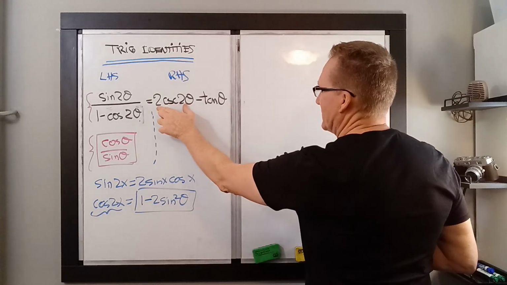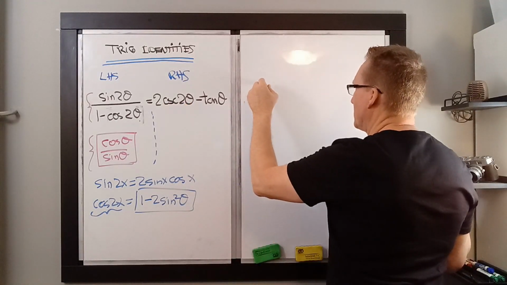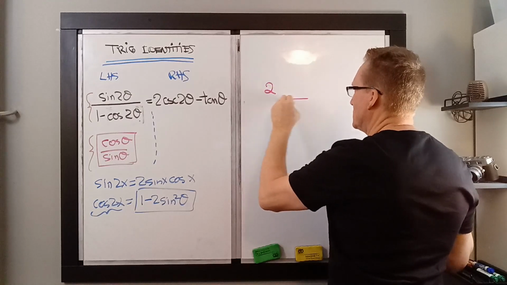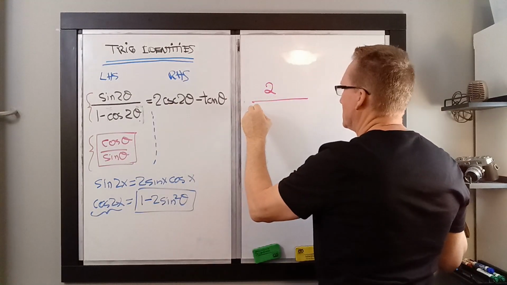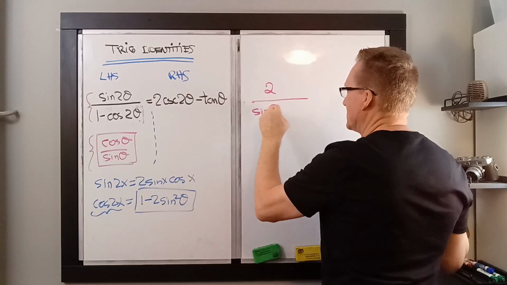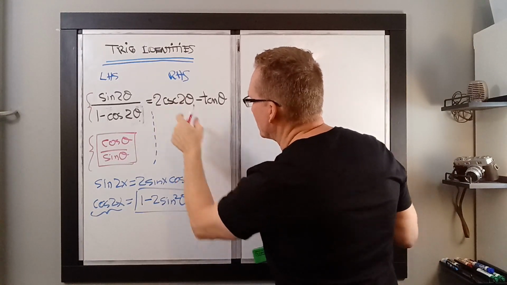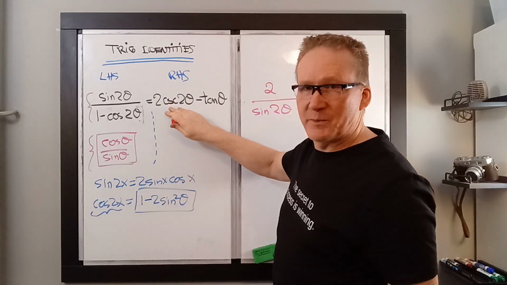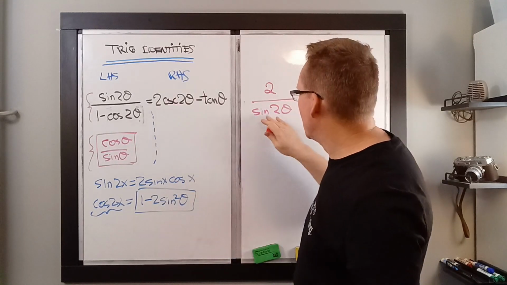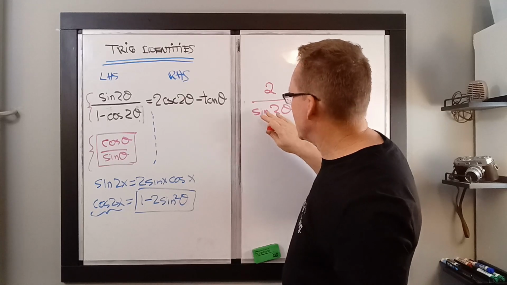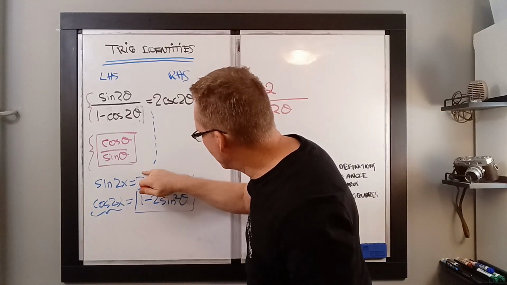All right, we have this over here, which you could rewrite like this. 2 divided by sine 2 theta. Because this really is 1 over sine. It's the reciprocal of the sine, the cosecant function. So you would write this whole thing like this. You remember we just did this one over here.